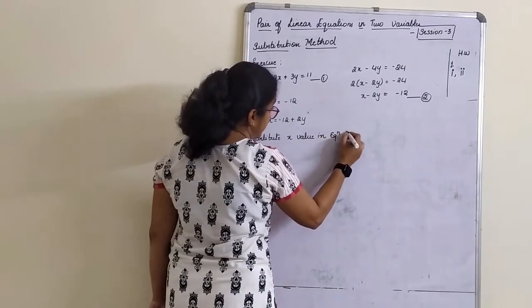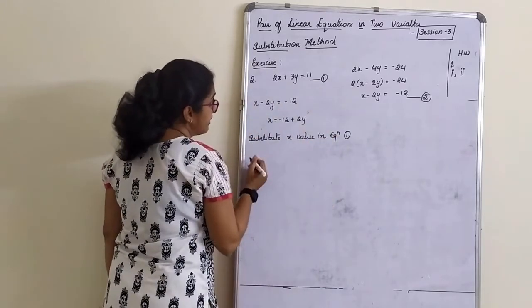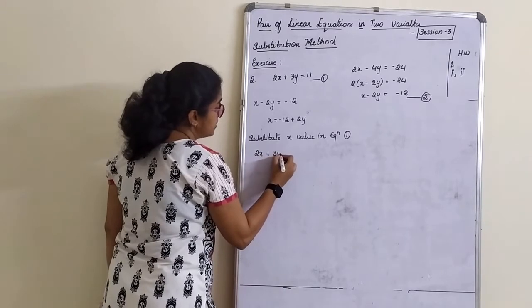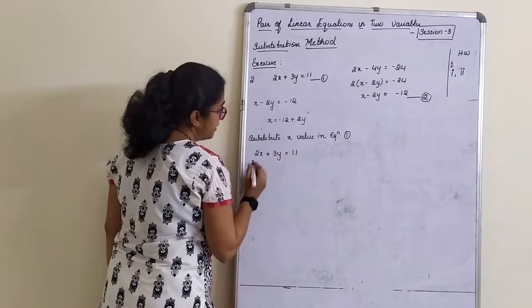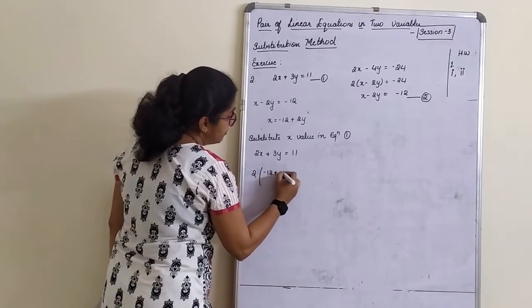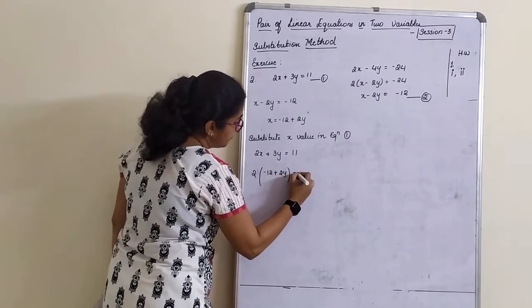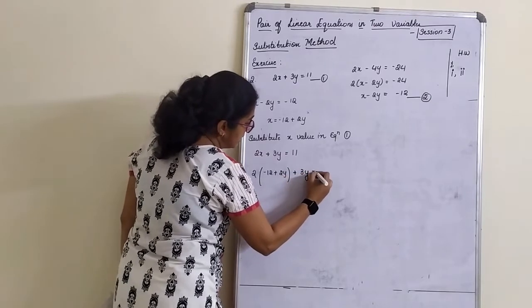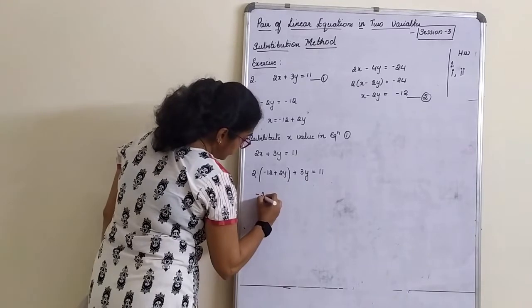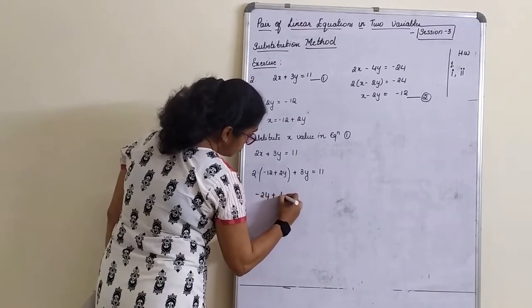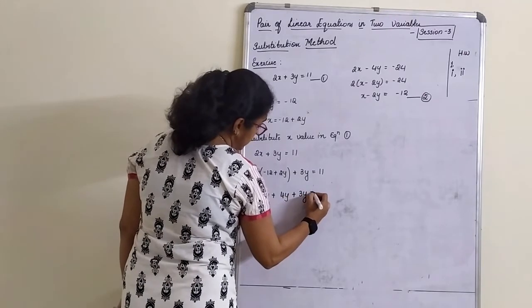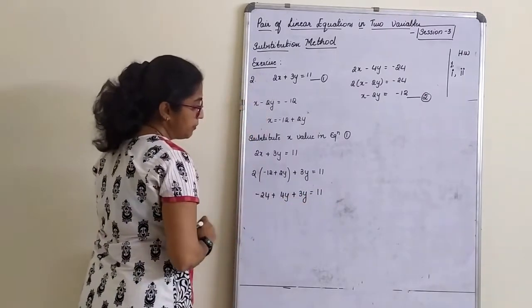X value in equation 1, because the second equation we have used already. Equation 1: 2x plus 3y is equal to 11. What is the x value? Minus 12 plus 2y, so 2(-12 + 2y) plus 3y is equal to 11. 2 times minus 12 is minus 24, plus 2 times 2y is 4y, plus 3y is equal to 11.